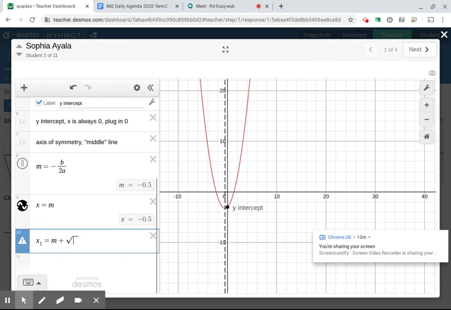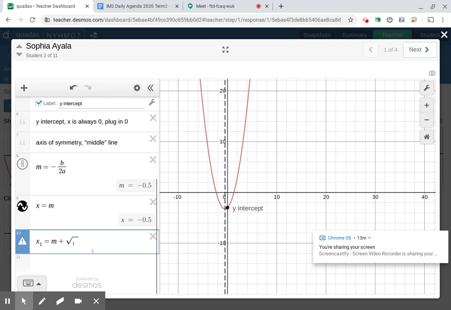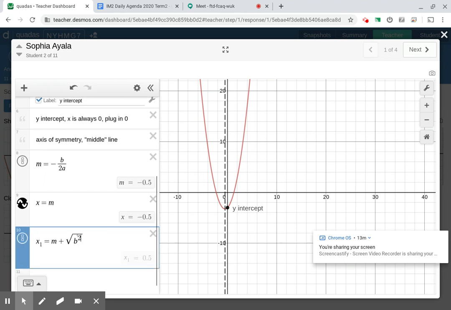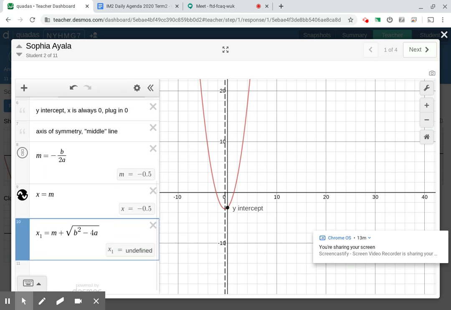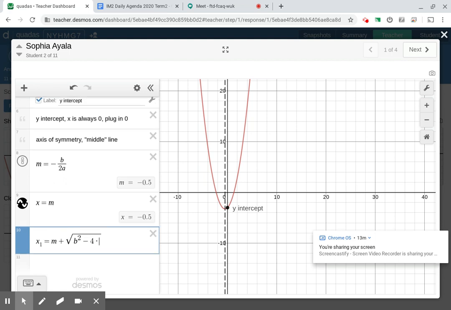So I'm going to do SQRT, or you could type it in. You can click on the keyboard. And what's going to be inside the square root, Nathan? The b squared, yeah. And then what else? Minus 4ac, 4 times a times c. I'm going to put a little times symbol.